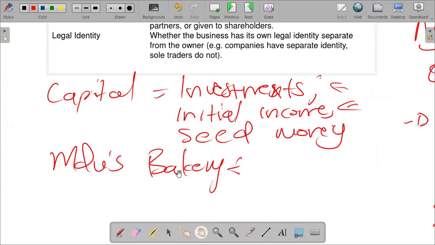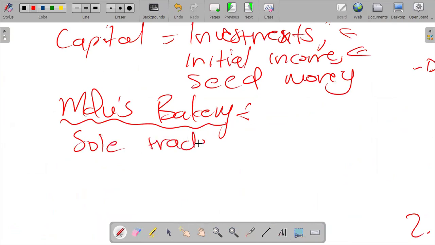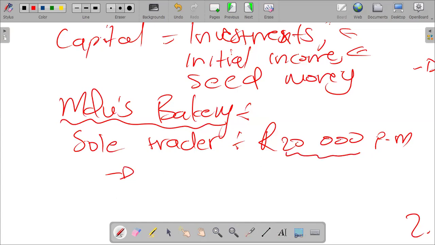In this instance, it's a sole proprietor, or sole trader, which is easier to say. Let's say it makes roughly 20,000 per month. It will be taxed according to the bracket that it makes, probably the first bracket, let's say 5% of your income.